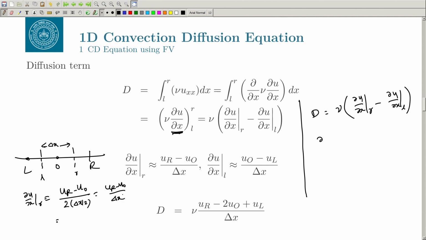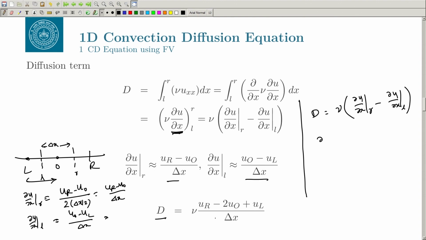Okay. And similarly, if you go to du by dx at L, so that will become u o minus u L by delta x, right. So, this distance is delta x. Okay. So, we have these two values.